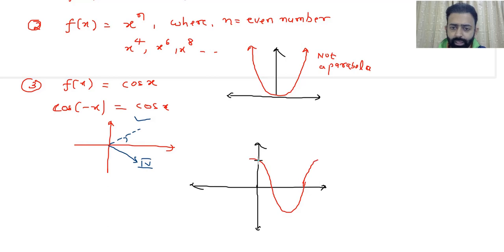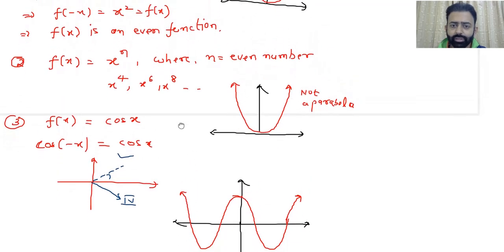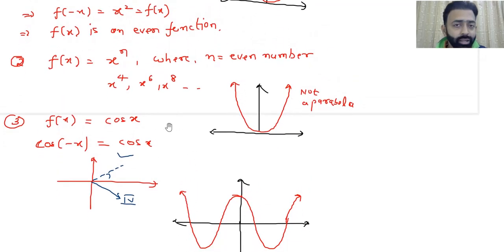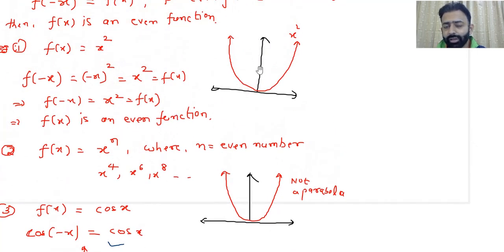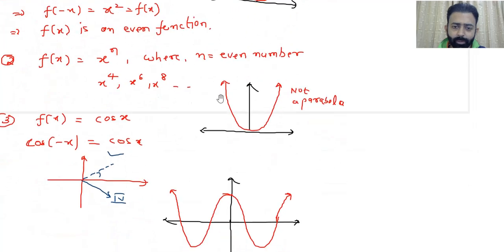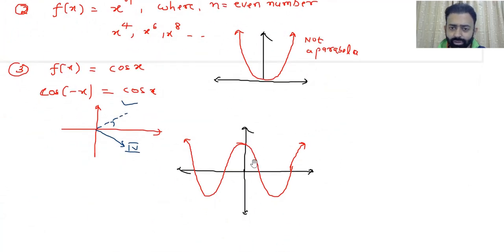And if we take the negative values, the graph of cos will go like this. As you can see, in all these three graphs, the graphs are symmetrical about the y-axis. Whatever is the shape of the graph to the right of the y-axis, the same shape is to the left of the y-axis. You can see it in the cos graph also.